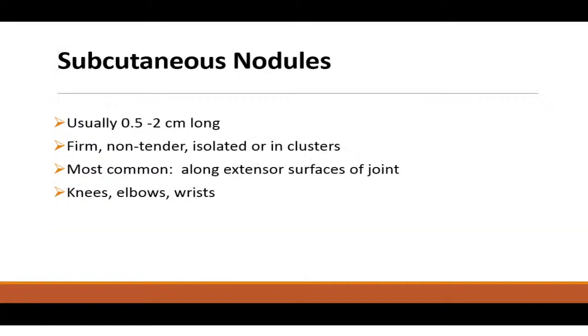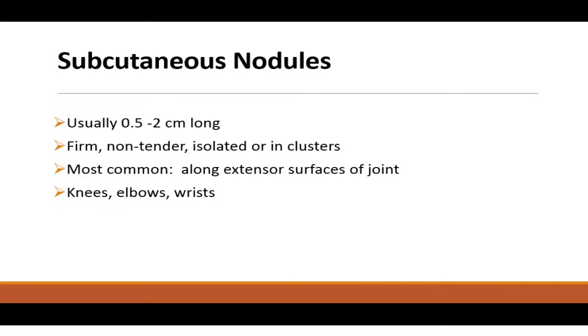Another criterion of acute rheumatic fever is subcutaneous nodules. Usually they are not very large, from half a centimeter to 2 centimeters long. Firm, non-tender, isolated or in clusters.